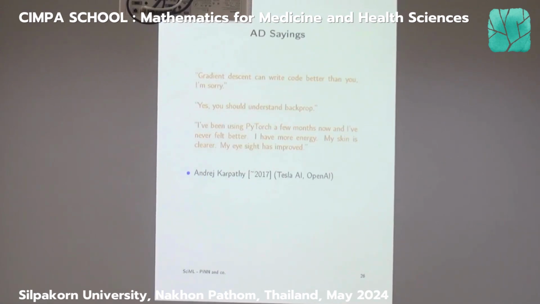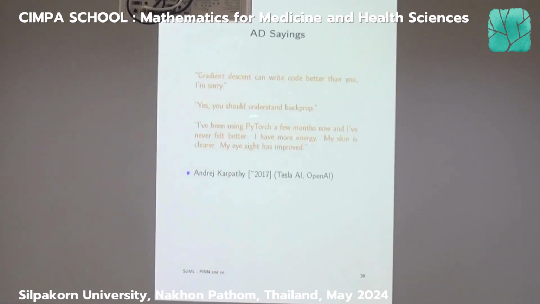But there's no reason anymore to define derivatives by hand. He's saying, I'm very sorry, and it's true. Autograd can write better code. And he said, you really should understand backprop, the algorithm that's used to calculate the gradients. I'll show you what backprop is. It has to do with the adjoint method for computing partial derivatives of a loss function with respect to the parameters.